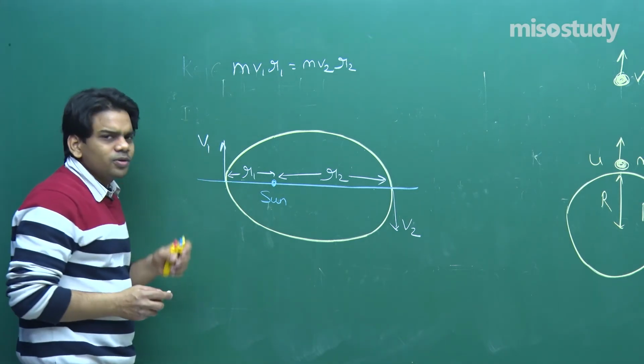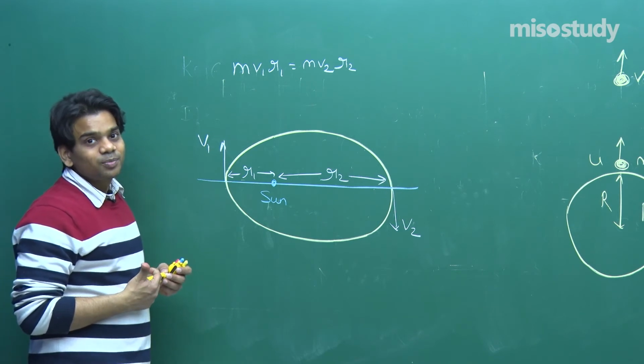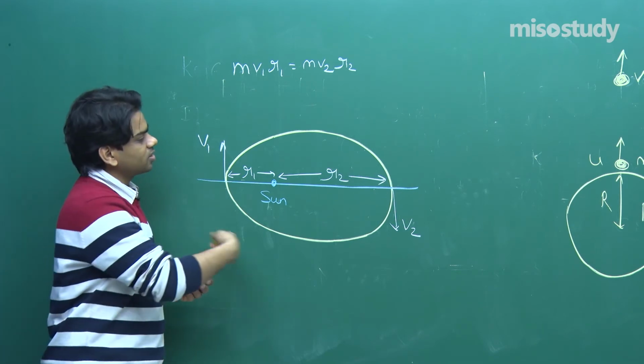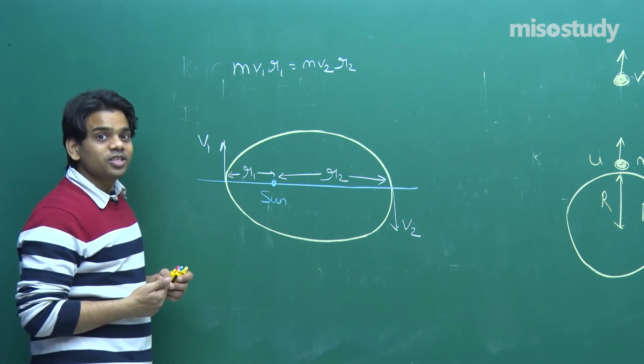Now if I talk about kinetic energy and potential energy, since on the sun and planet system no external force acts on the system, the total energy will remain conserved.